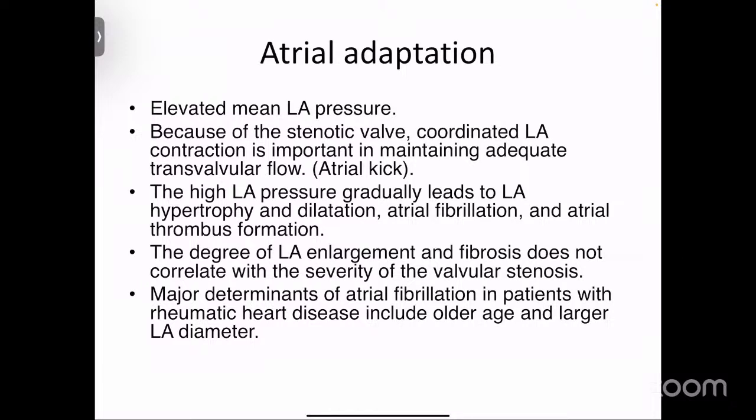As for the atrial adaptation, because of the stenotic valve, the left atrial contraction is important in maintaining adequate transvalvular flow. And the high left atrial pressure gradually leads to left atrial hypertrophy and dilatation, and in some cases atrial fibrillation and atrial thrombus formation.